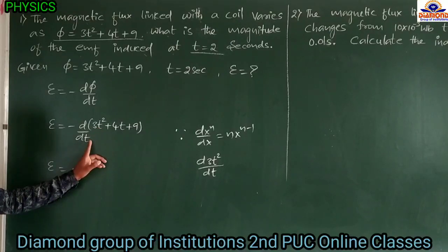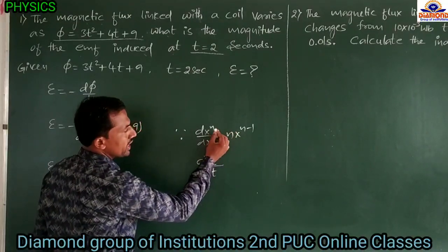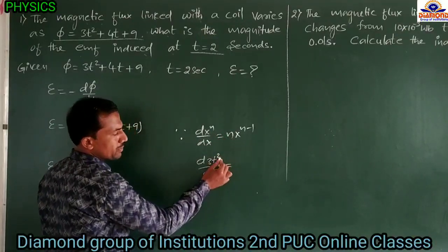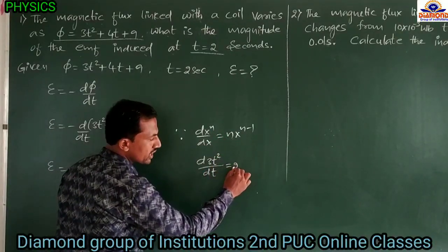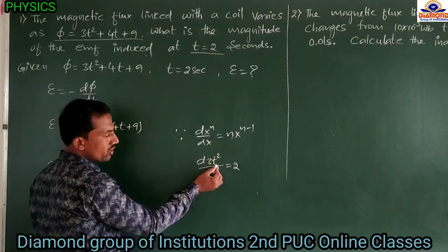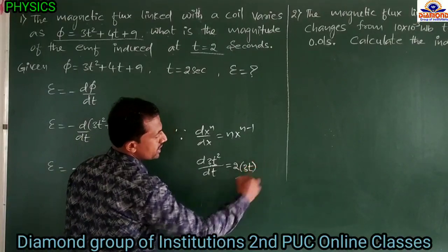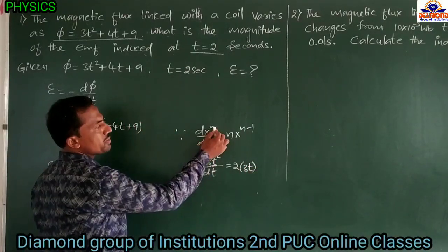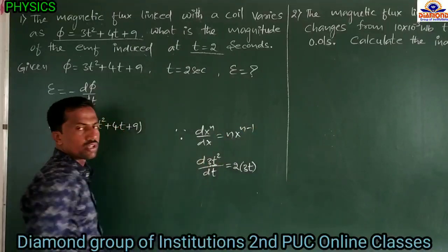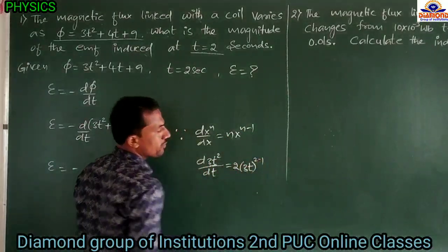Okay, above is t and below is t. Then what is the power n? We write n in front. What is the power here? It is 2, so we write 2 in front. Again, this x remains as it is. In place of x, the term here is 3t, so 3t stays as it is. In the formula, n minus 1 means 2 minus 1.